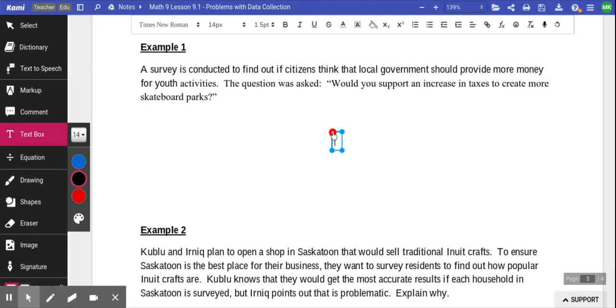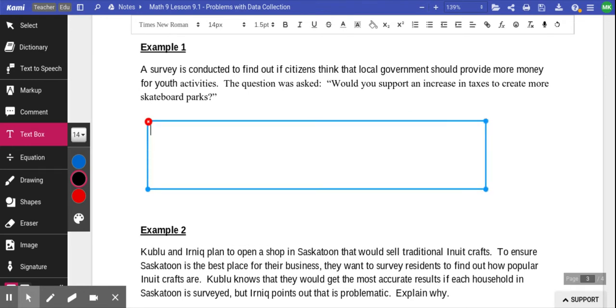So if you think about this, I would say the major part is probably the use of language, right? That's a big problem here. The reason why is because of how they've asked the question. They were trying to figure out if the government should provide more money for youth activities.